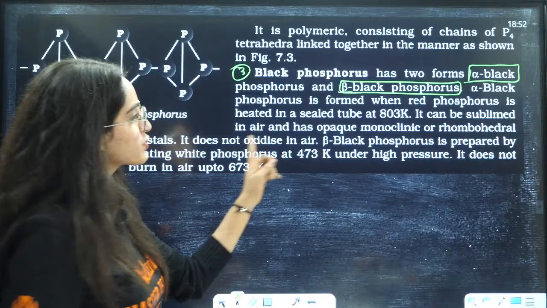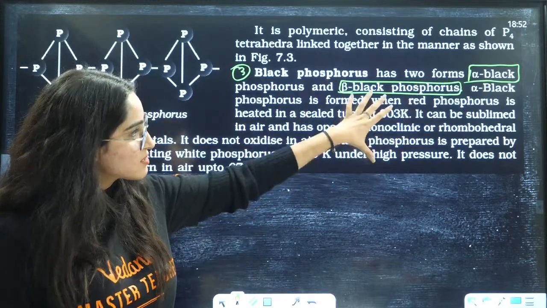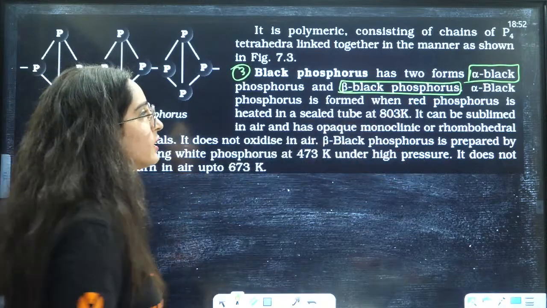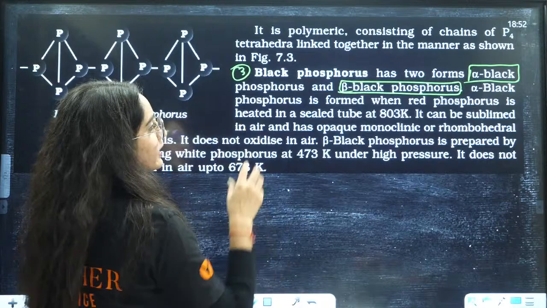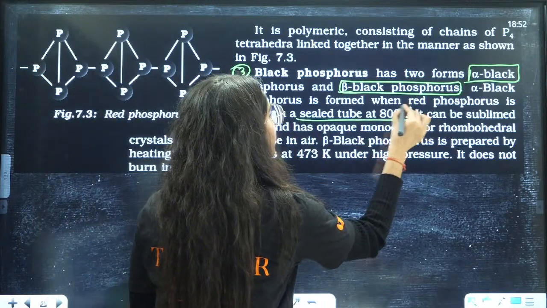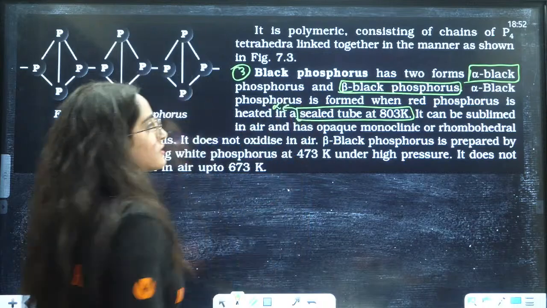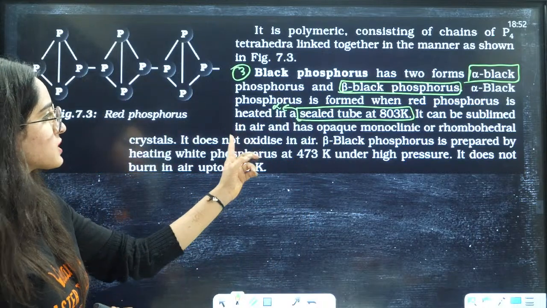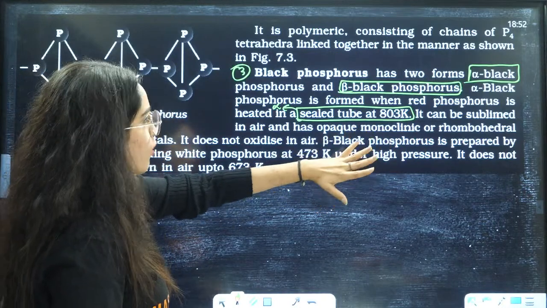Just remember this statement: alpha black phosphorus is formed when red phosphorus is heated in a sealed tube at 803 Kelvin. It can be sublimed in air and has opaque monoclinic or rhombohedral crystals.